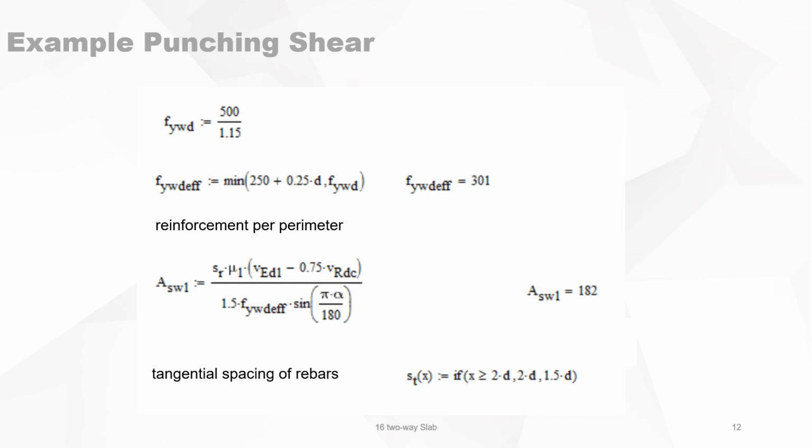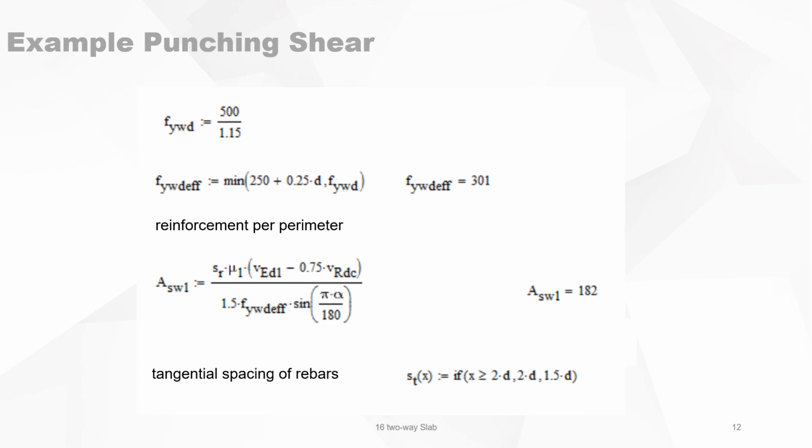The tangential spacing of the rebars depends on the position of the perimeter. If this position of the perimeter is within 2D, then the tangential spacing is 2D. If the perimeter is further away than 2D, then the tangential spacing must be smaller, must be 1.5D.